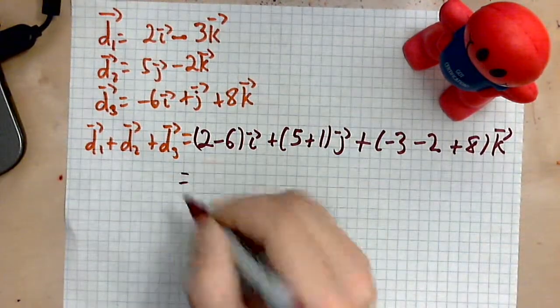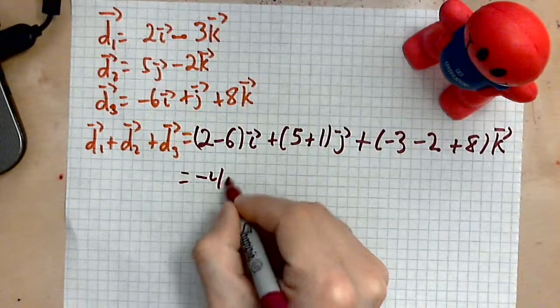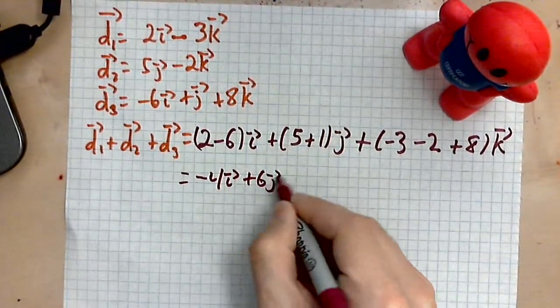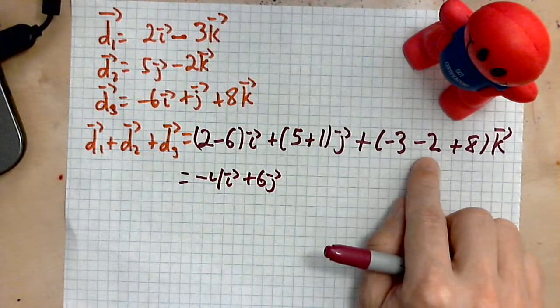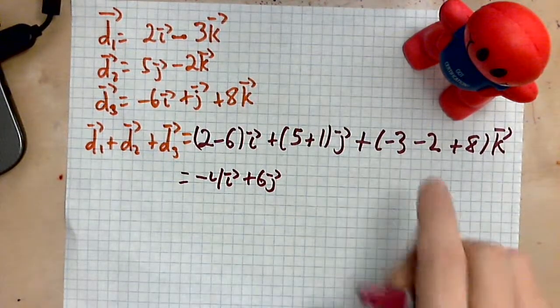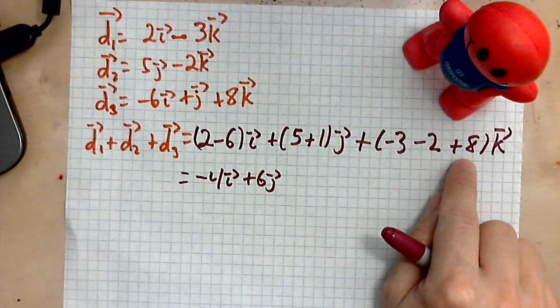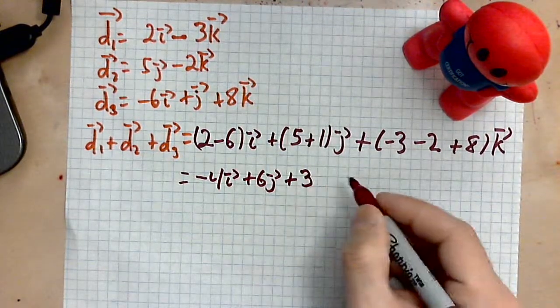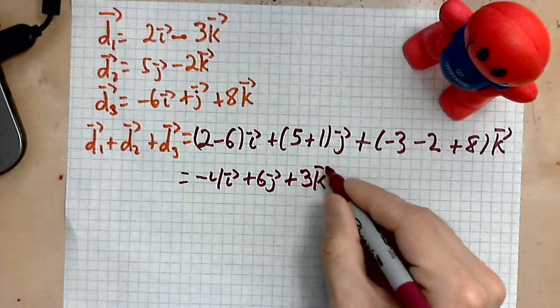So let's take a look. 2 minus 6 is negative 4i. Then 5 plus 1 is 6j. And then negative 3 minus 2 plus 8 is negative 5 plus 8, which is positive 3. So we end up with positive 3k.